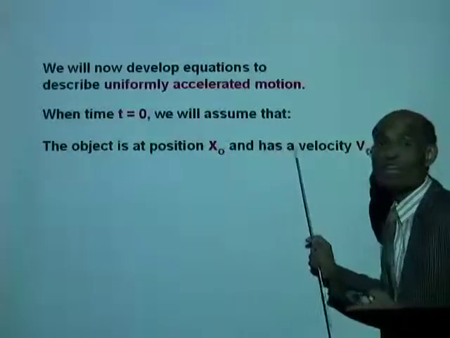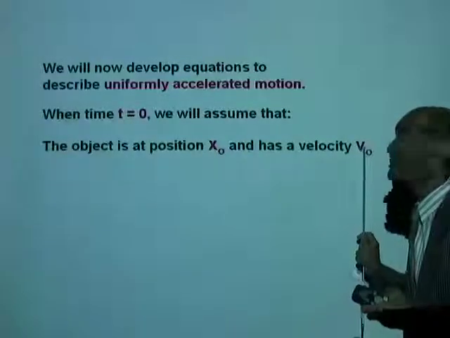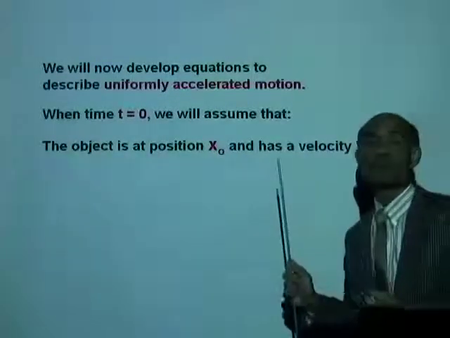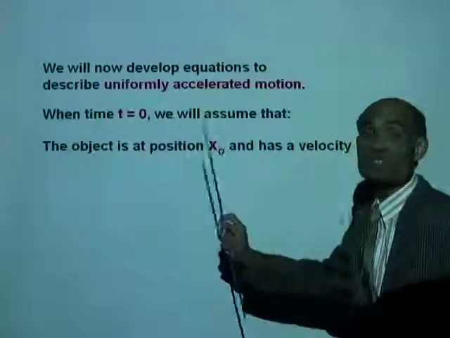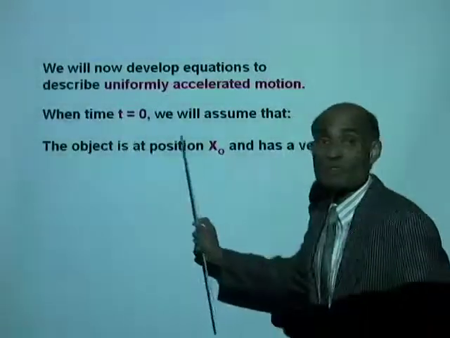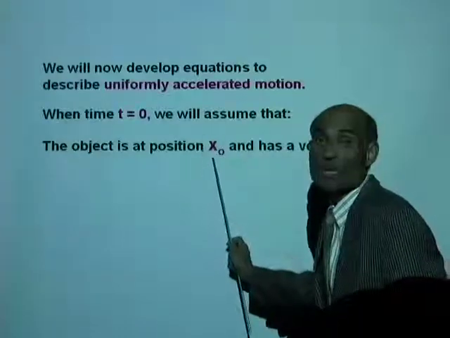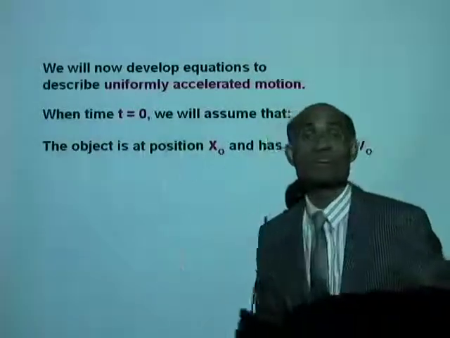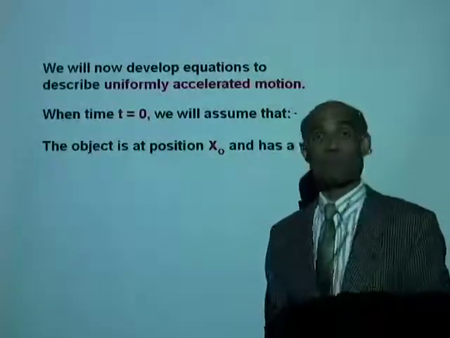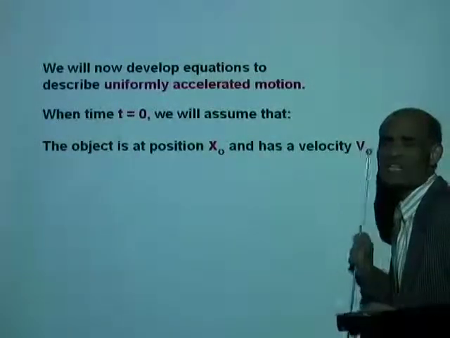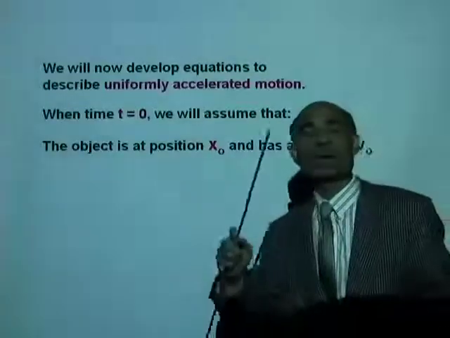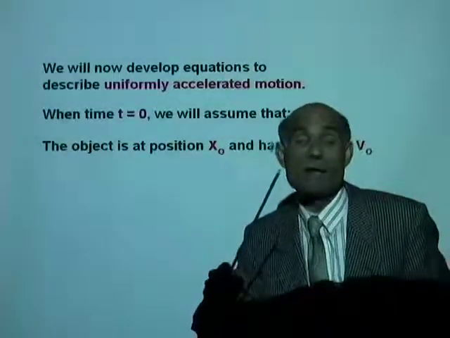And what velocity did it have at that time? We will call that v0, v sub 0. So v0 is the velocity at t equal to 0, and the particle is at x equal to x0 at that time. Now, very often I have a habit of representing the v0 as v sub i.